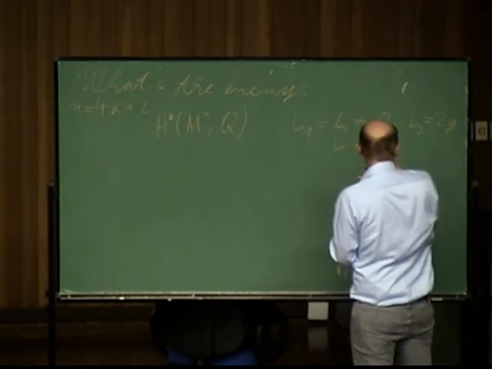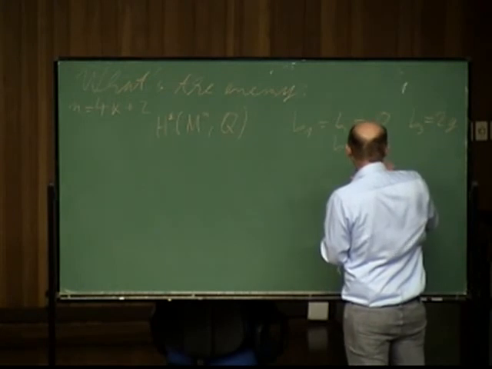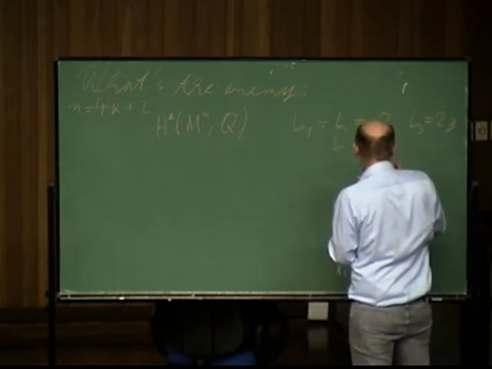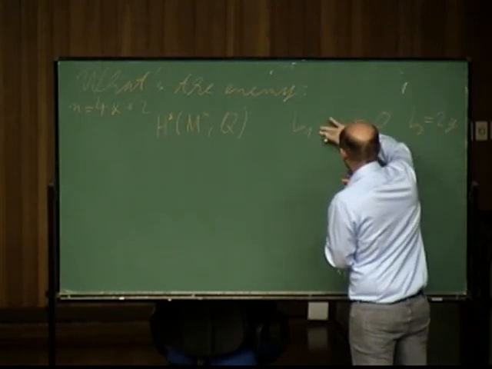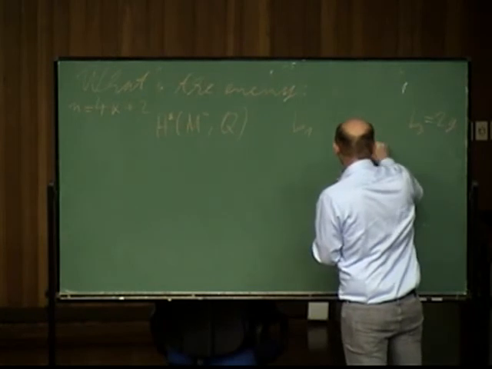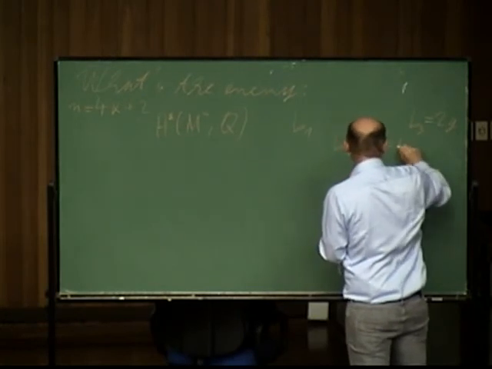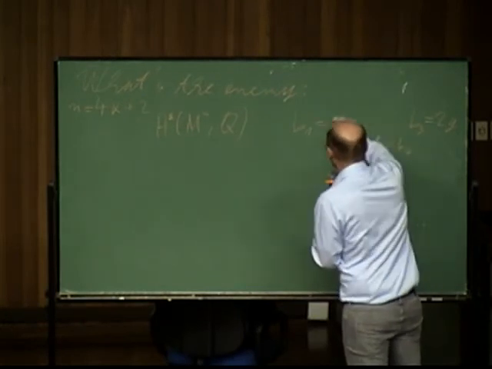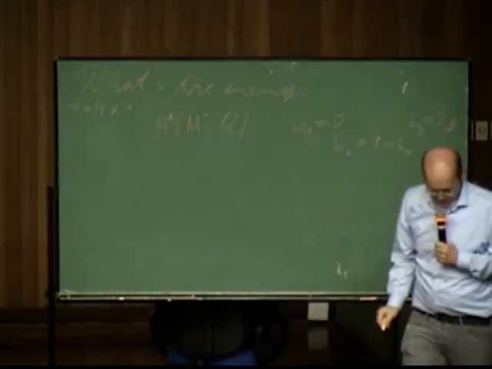The first Betti number is of course always 0 because there's only finite fundamental group, right? So you always get 1, 0 for free. The second Betti number is 1, and that's equal to the fourth Betti number.